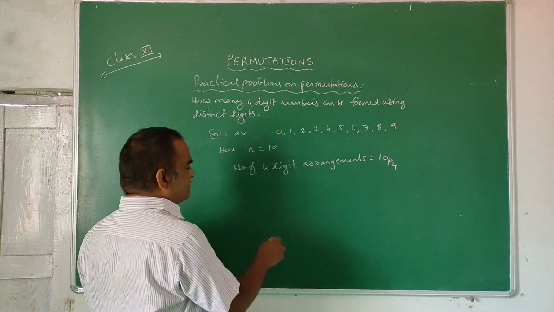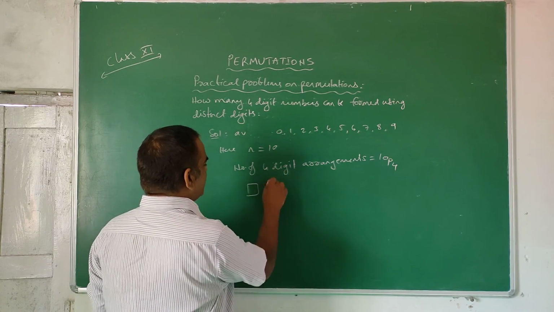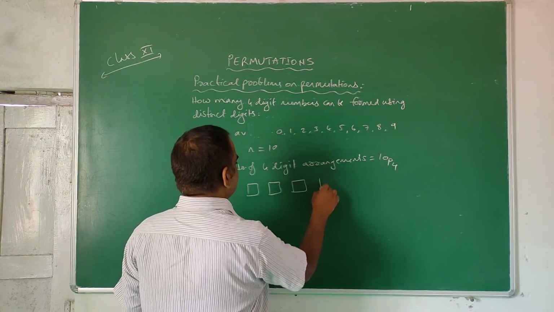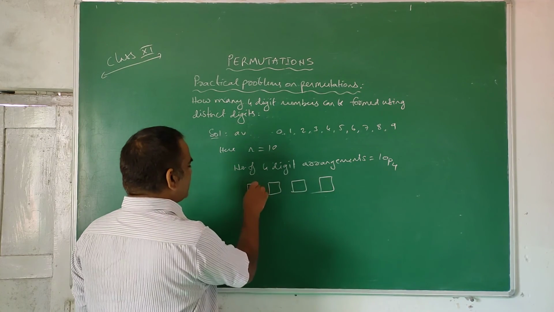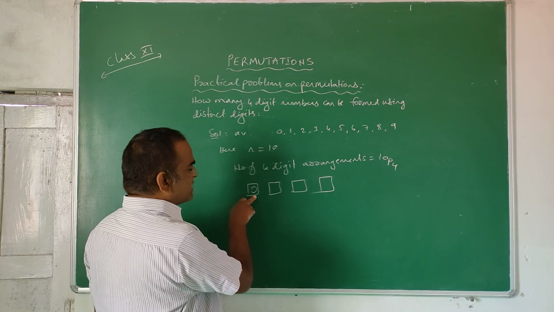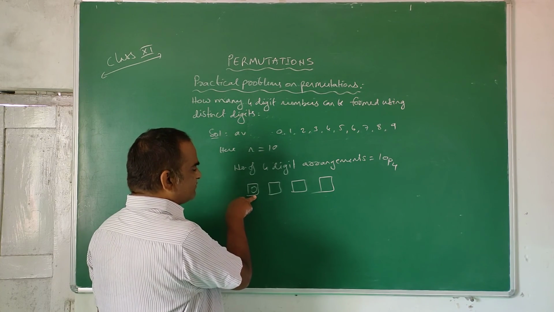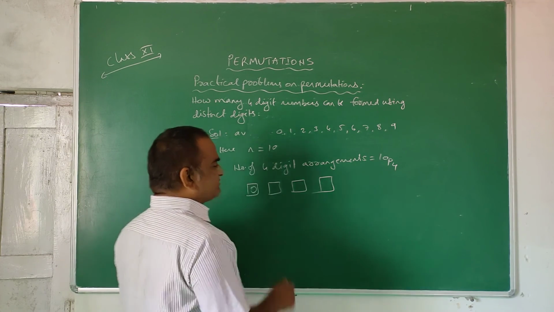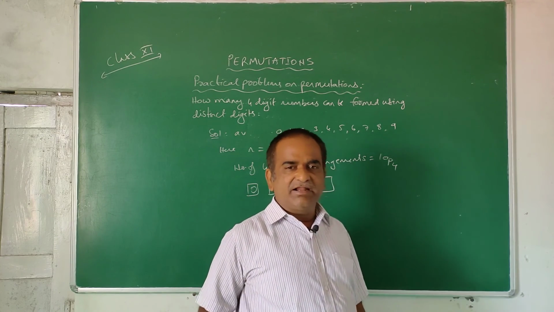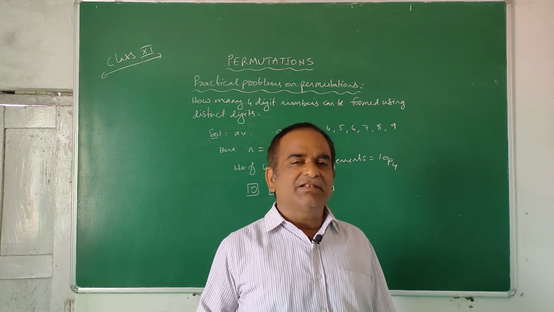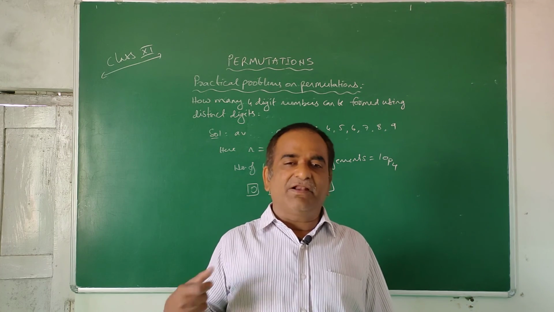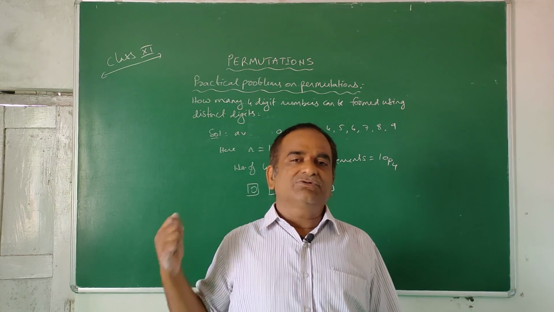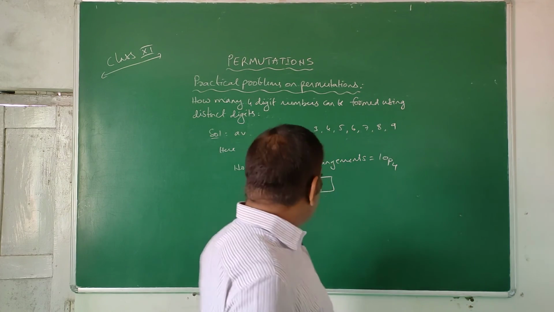In these 10P4 arrangements, even those arrangements are counted which begin with 0. As far as arrangement is concerned, there is no significance to the value of the digit, but as far as a number is concerned, 0 should not be in the beginning position.